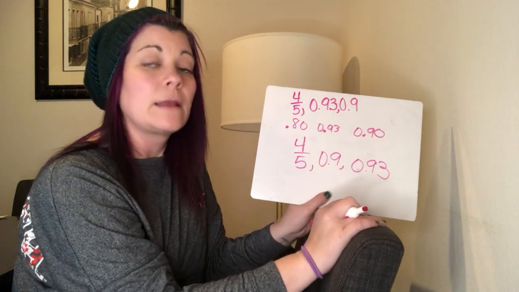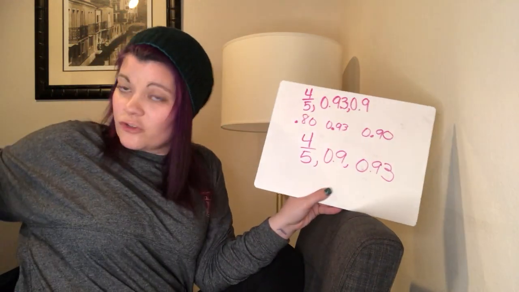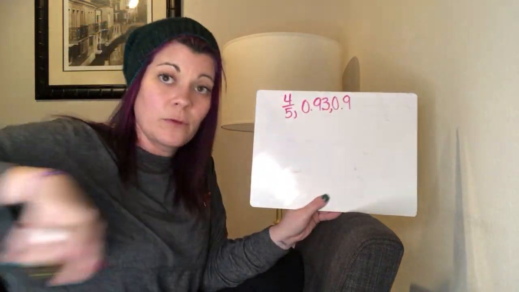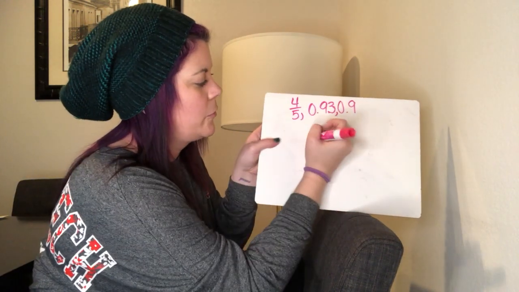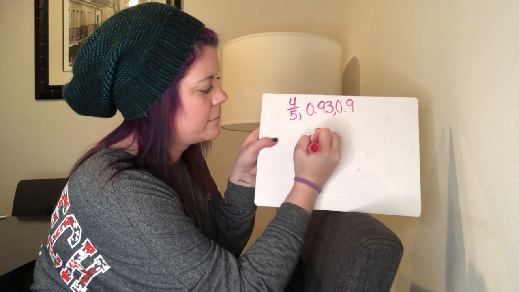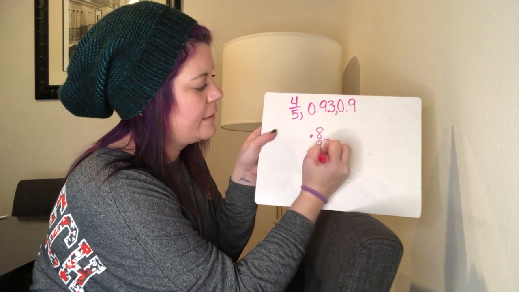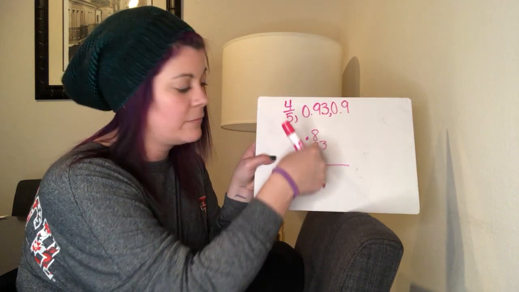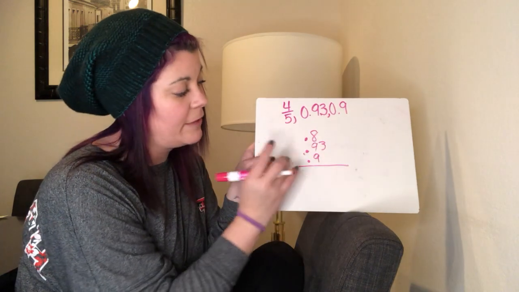least to greatest. Now, if you don't want to do the little trick, then you can line up your decimals to compare. So 0.8, 0.93, and 0.9. You can just compare the tenths place because you want to start from left to right.